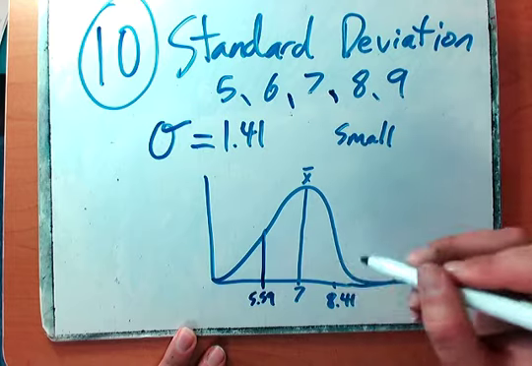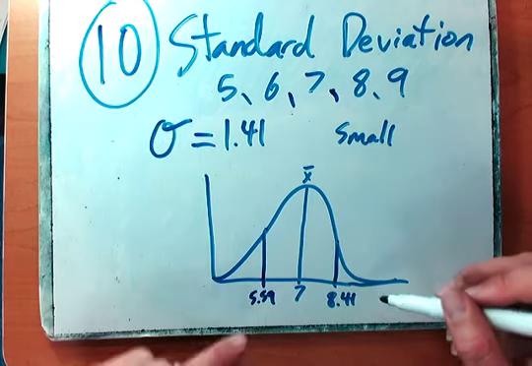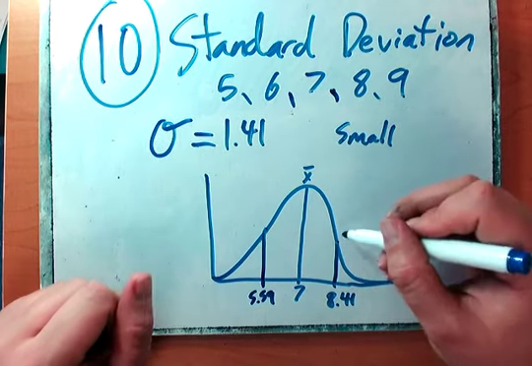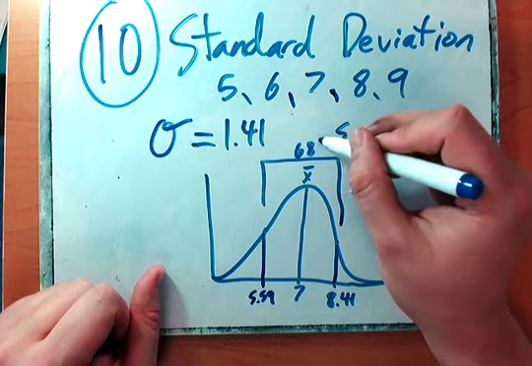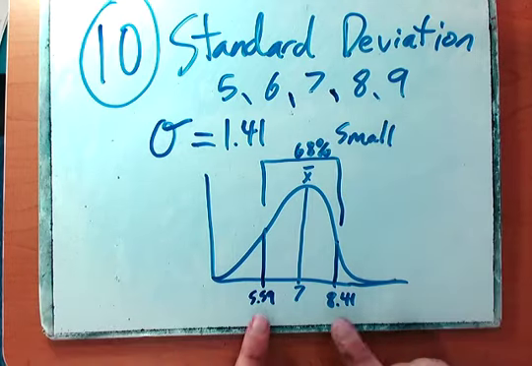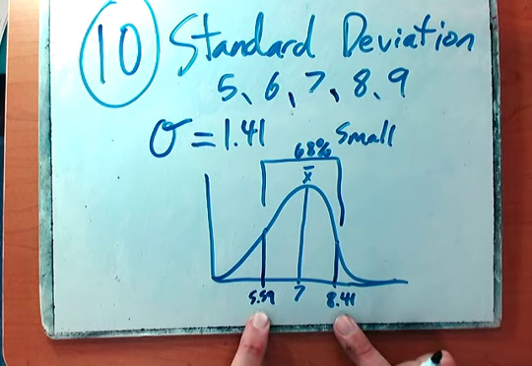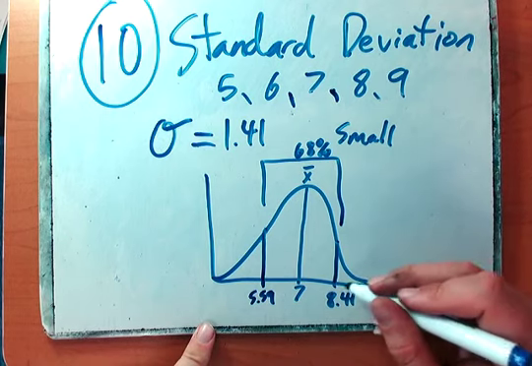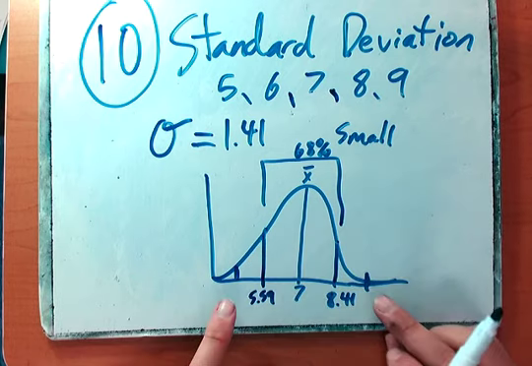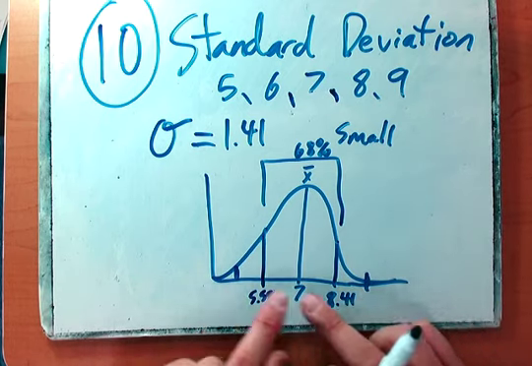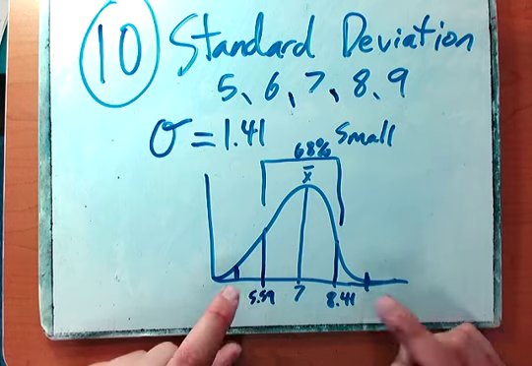That means, because I know the shape of this curve, that 68% of all data should land between those two numbers. And if you go one more standard deviation out, 95% of all numbers should be within those confidence intervals.